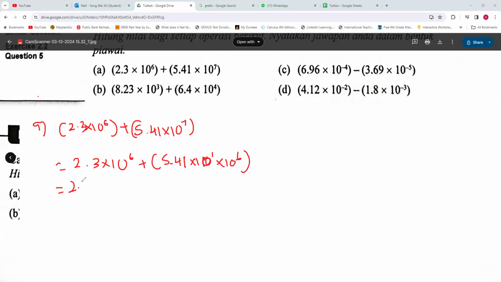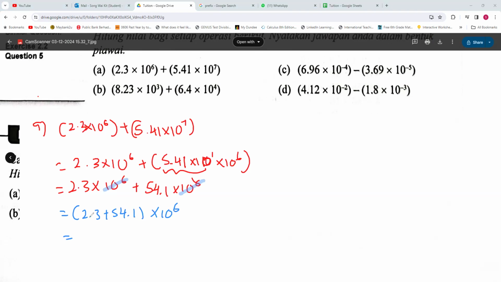Now, the first part here, there is no change for the first part. But here, what is 5.41 times 10? 5.41 times 10 is 54.1. Beautiful. It turns into 54.1 times 10 power 6. So at this juncture, you notice that they both possess this 10 power 6 here, which we can easily factorize out to proceed with our mathematical calculation.